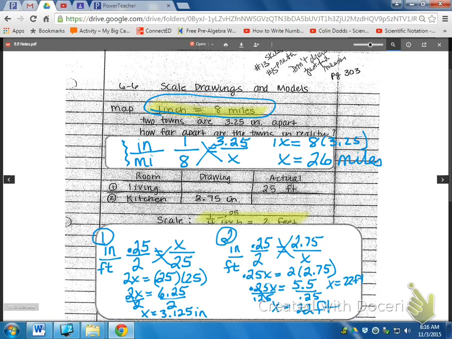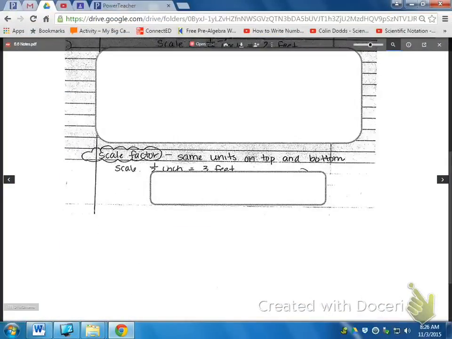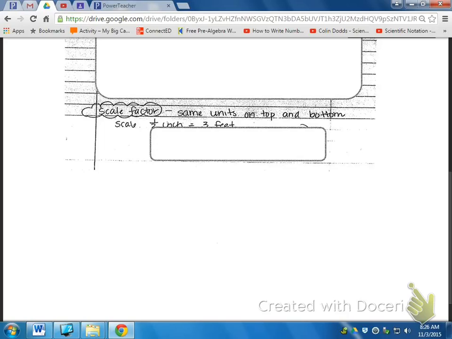Okay. So let's see what we've got. Last but not least, I think it's going to ask you to do the scale factor. Okay, scale factor is, does anybody do model cars or model planes or anything like that anymore? Nobody does that? On the box of a model car or model plane, they would have the scale factor, like a ratio of 1 to 16 or 1 to something.